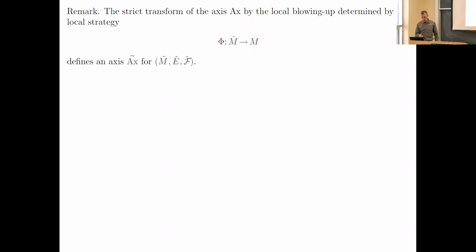And then what happens to this axis? I claim that when you take the strict transform of the axis by this blowing up, you get an axis for the new triple M tilde, E tilde, F tilde. Okay. So I recall that an axis should satisfy those requirements, saying for instance that it's not singular, right?